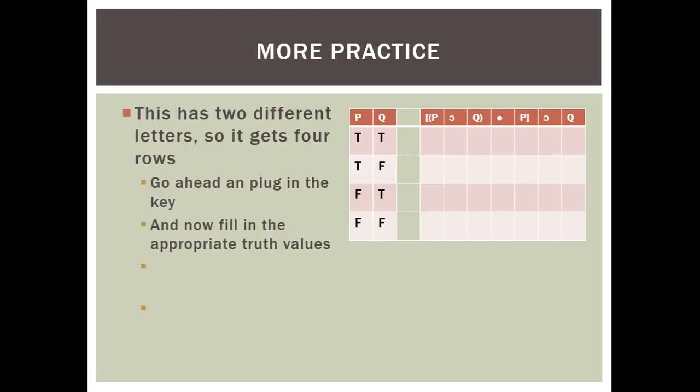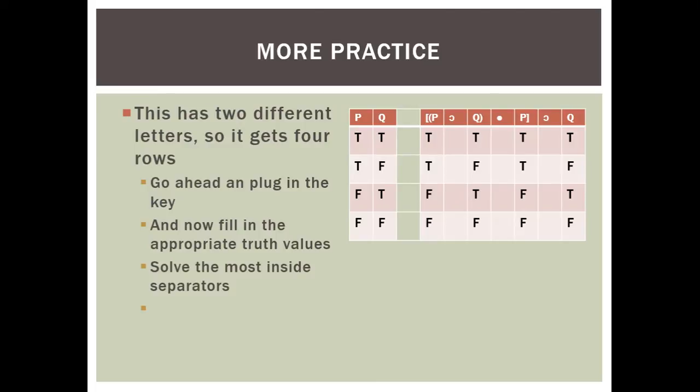Now you plug in your appropriate truth values. So the P is going here and here. Your Q is going to go for the first Q you see, and the second Q you see. So the P is going to be used twice and the Q is going to be used twice. Next step, you're going to solve what's most inside of separators.